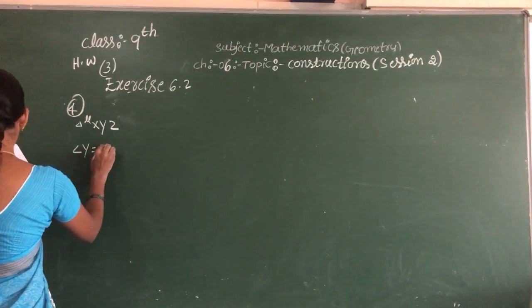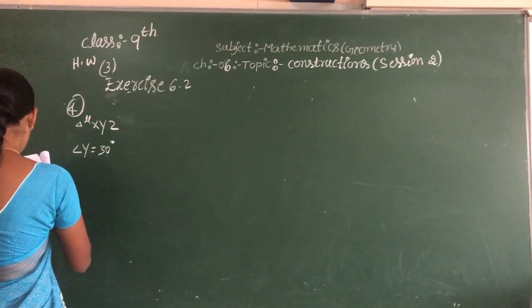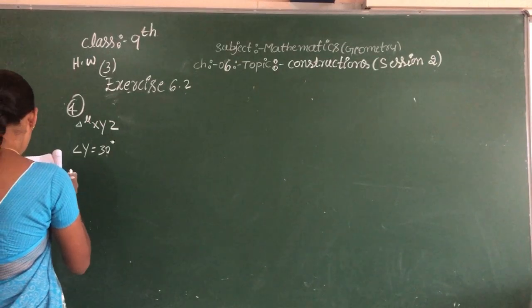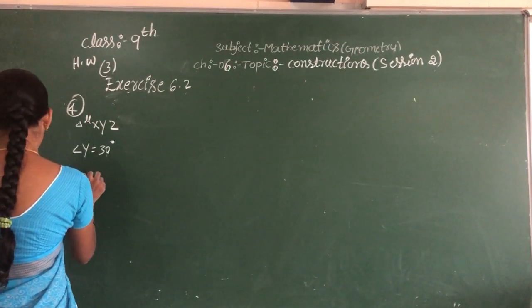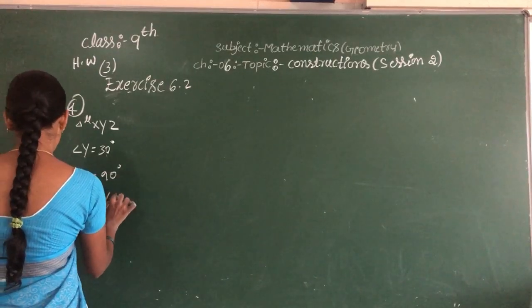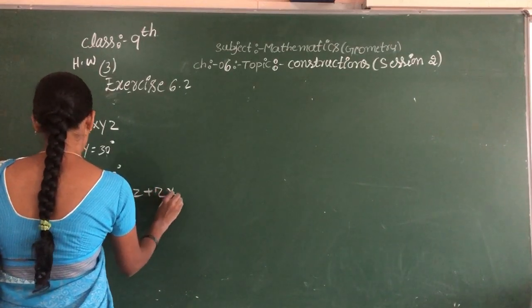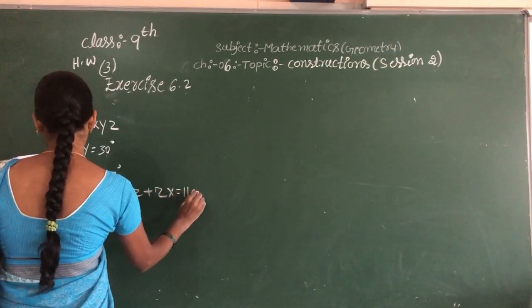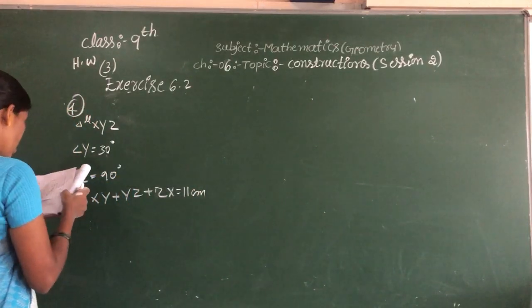Okay, angle Y is equal to 30 degree. Angle Z is equal to 90 degree. XY plus YZ plus ZX is equal to 11 centimeter. Okay, 11 centimeter. Okay, we should draw this figure.